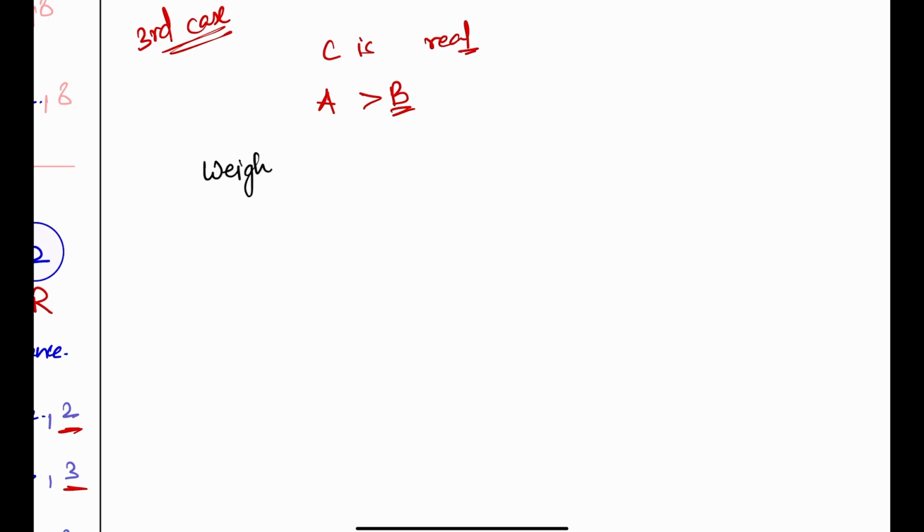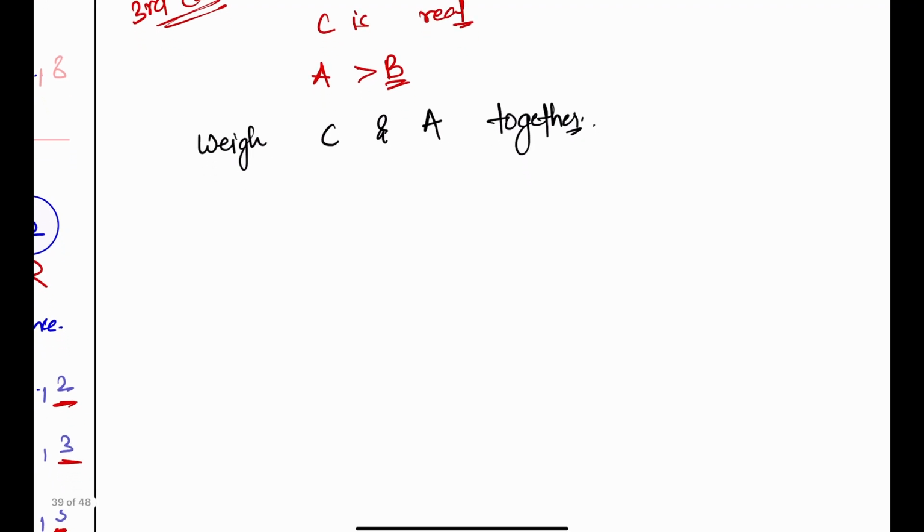We can weigh A or B, but for the sake of this, let's take C and A together. If two things are weighed, then A is less than C, A is more than C, or A is equal to C. Only these are the possibilities.